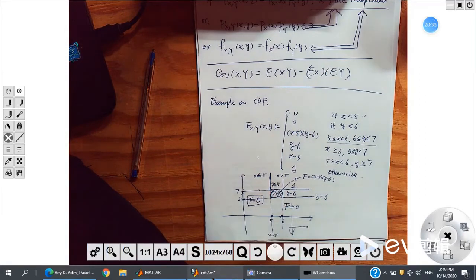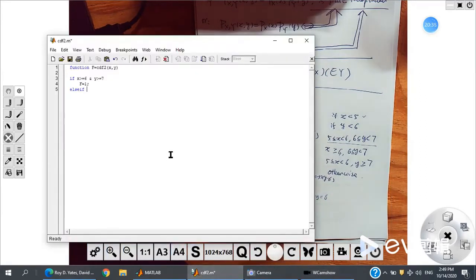So y should be larger than or equal to 7, and x should be larger than or equal to 5, and x should be smaller than 6.